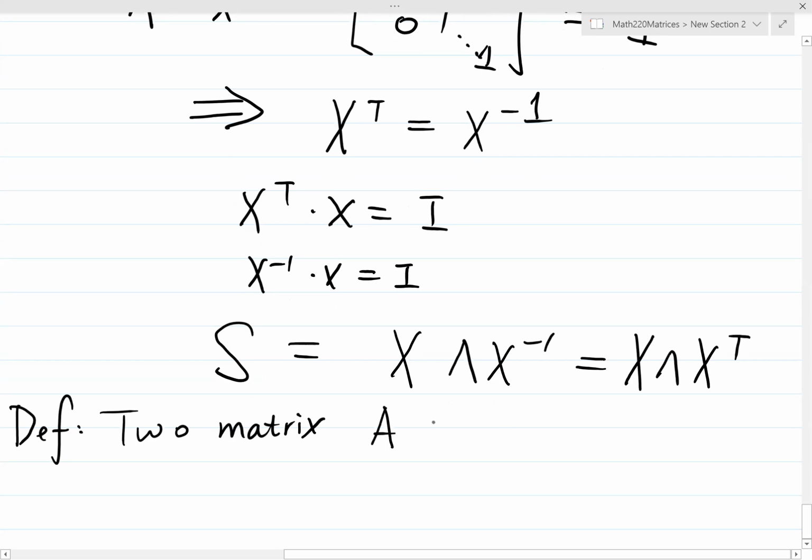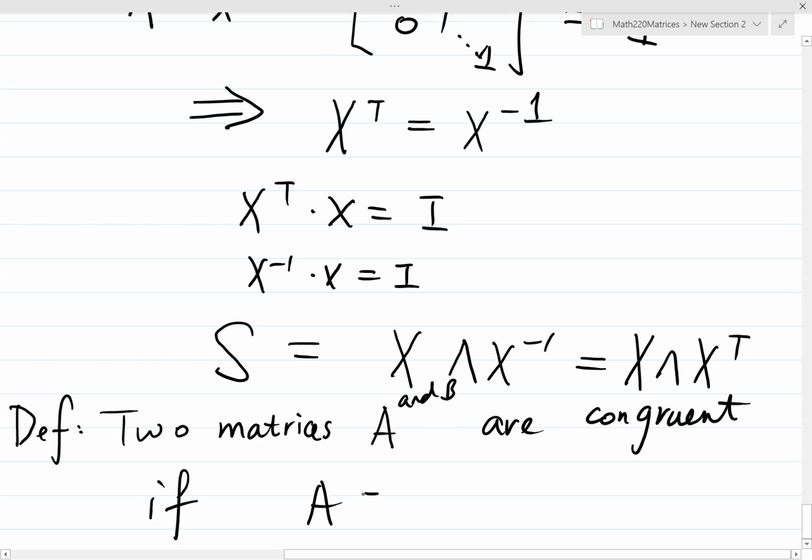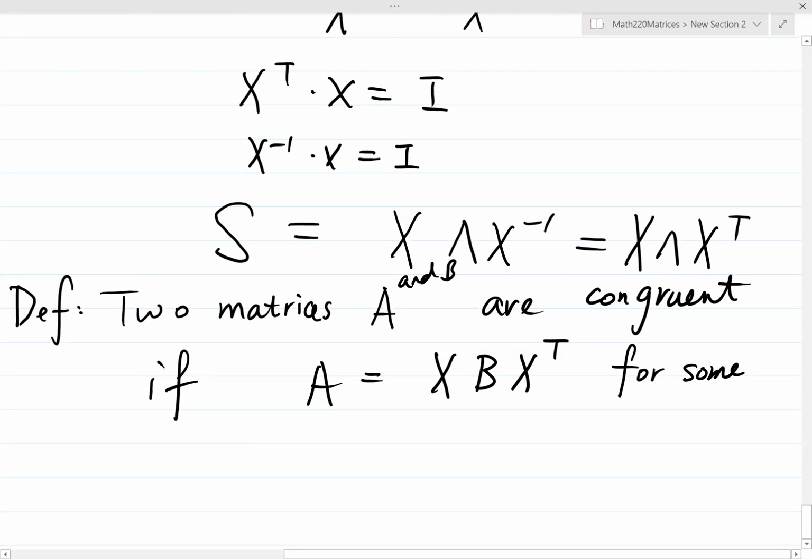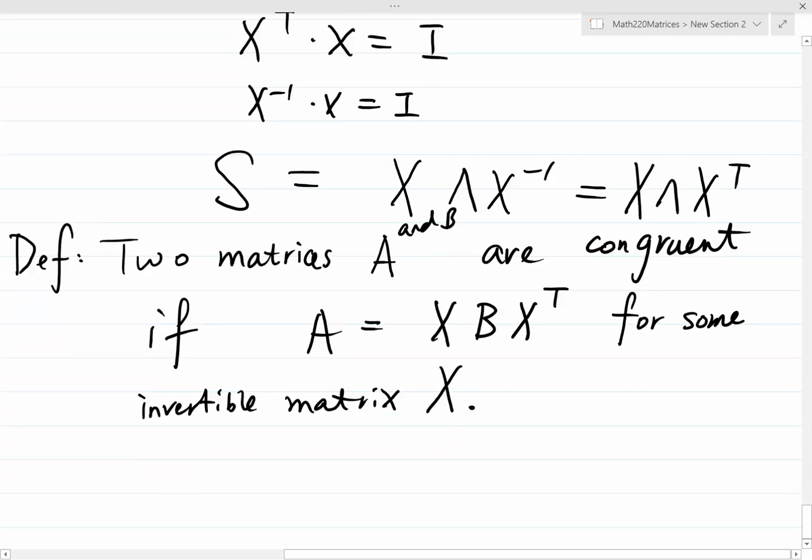Two matrices A and B are congruent if A equals X B X transpose for some invertible matrix X. This is the definition.